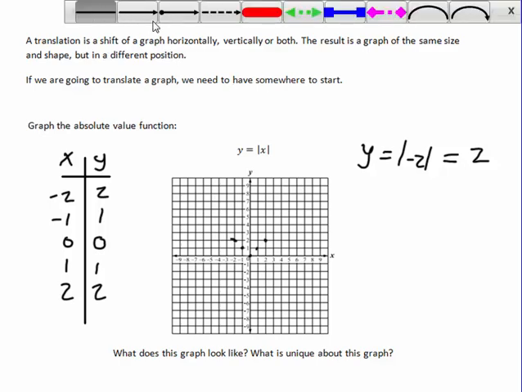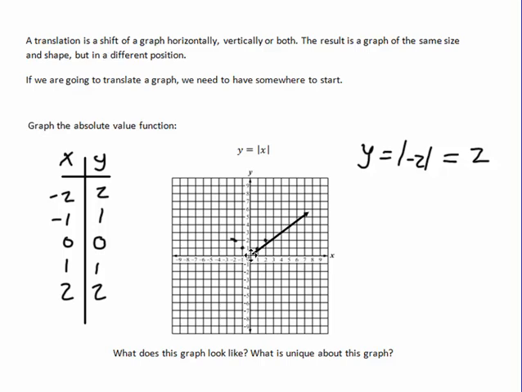Now I know that the shape of an absolute value graph looks like a V. So I know it's going to look like this, and then like that, getting on my points there. So what does this graph look like? Well, it looks like a V.